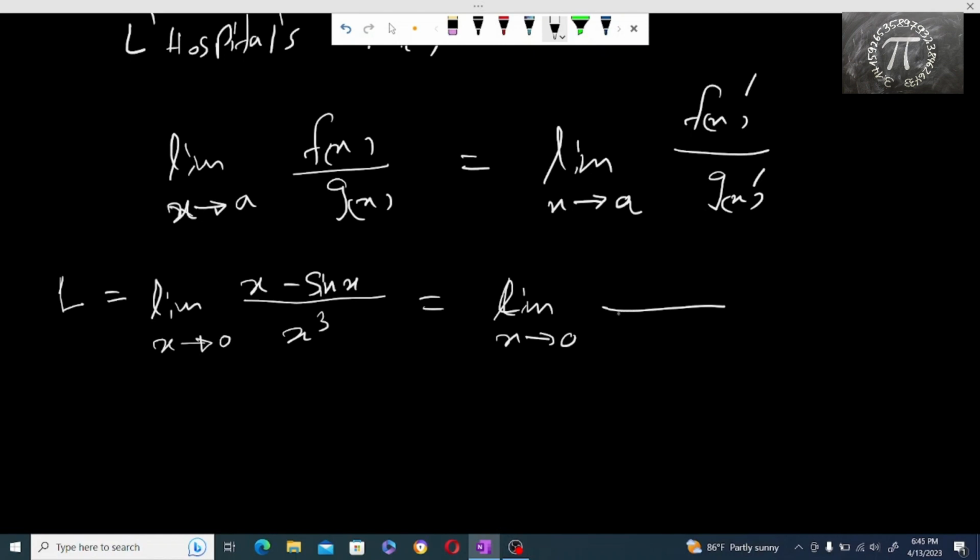In the numerator, the derivative of x is 1, minus the derivative of sin x, which is cos x. Here we get 3 into x to the power 2.